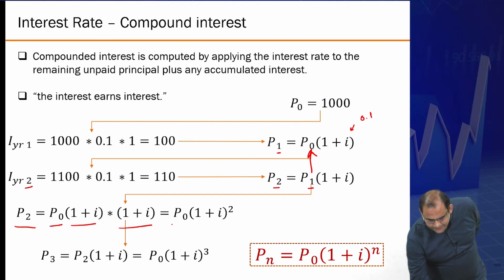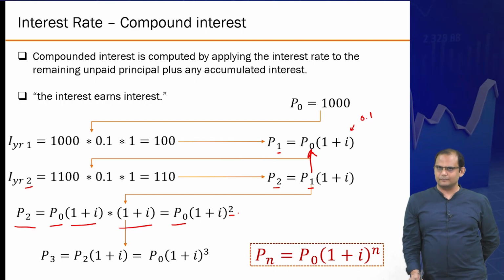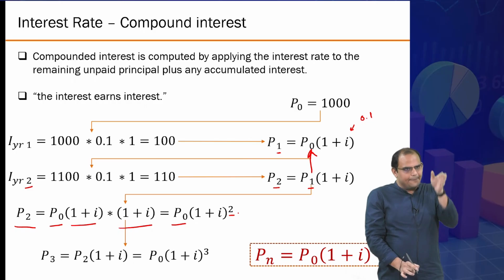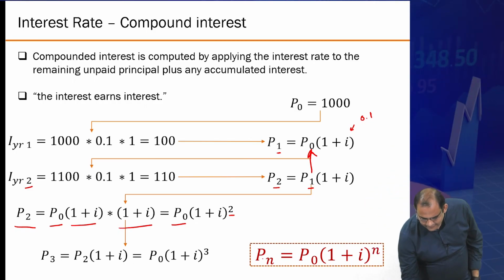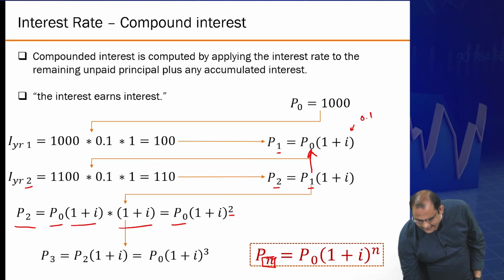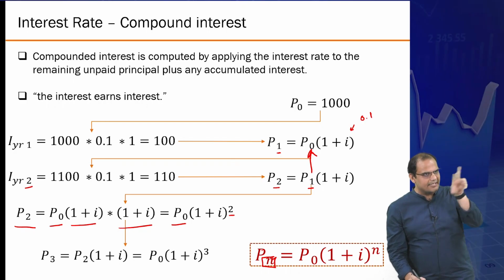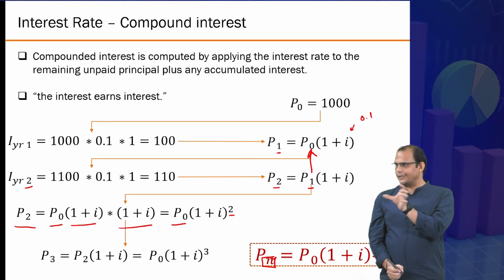So P2 becomes P0 into 1 plus I to the power 2. Okay? That's why the convention is very important. It keeps you aligned. The generalized formula is P at the end of year n is the original principal amount multiplied by 1 plus I to the power n, where n is the number of years that you have used, right?